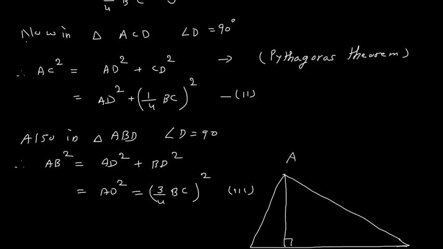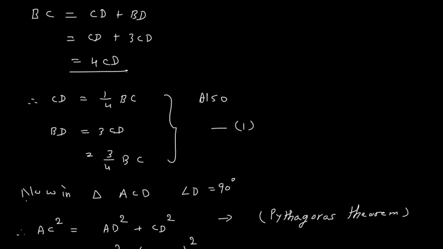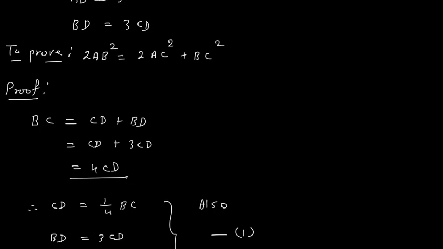Now I have to find the value of 2 times AB square, and I have to show that it is 2 times AC square plus BC square.